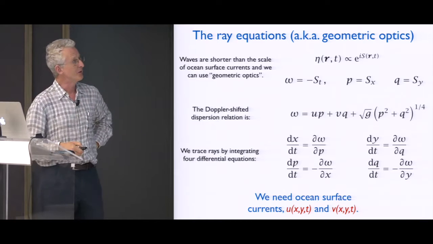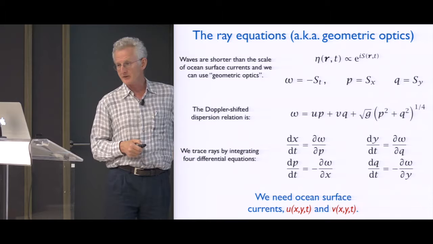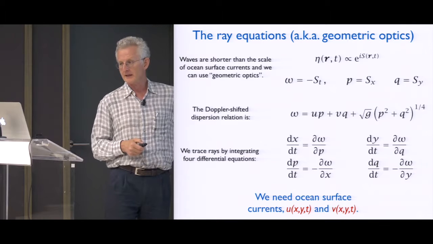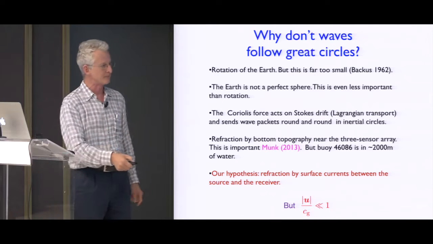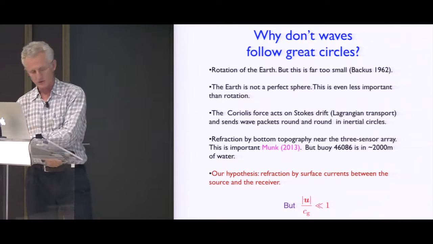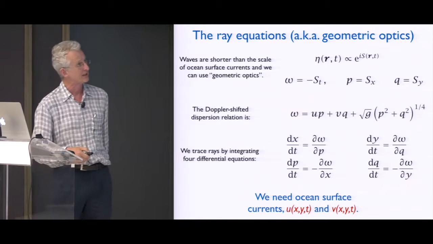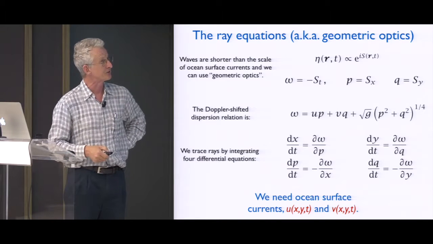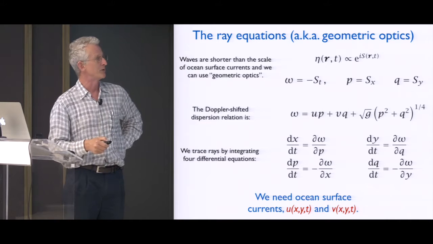So what we're going to do, we just want to get some idea of the order of magnitude of things and whether it's really possible that surface currents, for which this parameter is maybe 1 in 1,000, can produce the observed deflections. We're going to use ray tracing. We're going to use WKB, if you like.